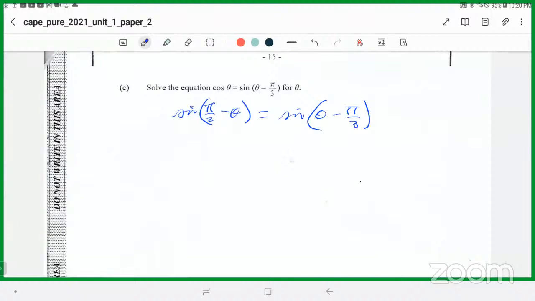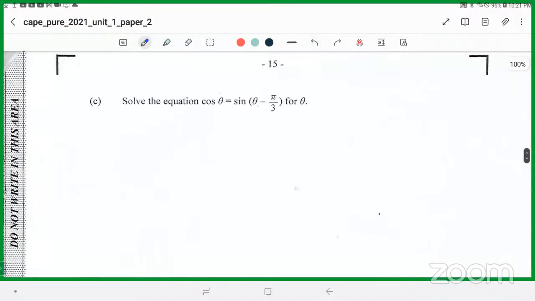And then essentially this angle will be equal to that angle. But you want the general solution, and that might be where the tricky part is. So you could treat this as your original angle and put the general solution on this angle over here. But let's do it this way first, which is to expand out the right side as a compound angle.